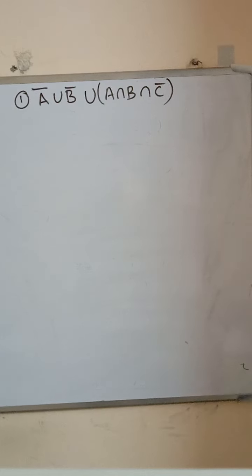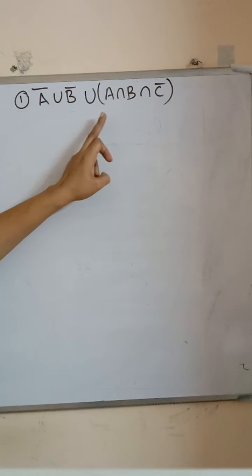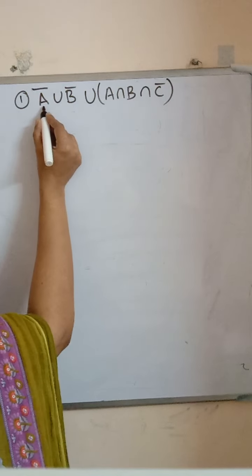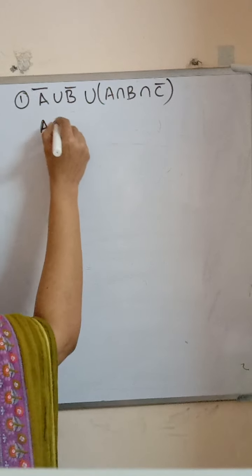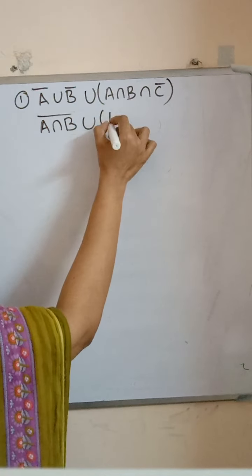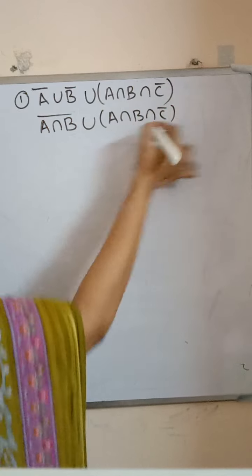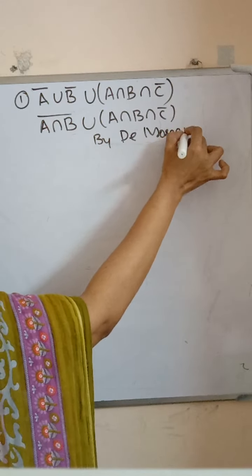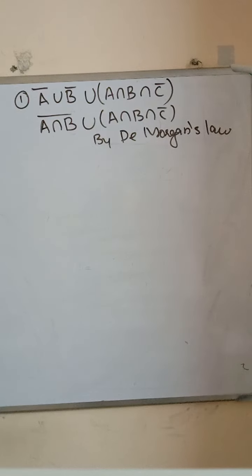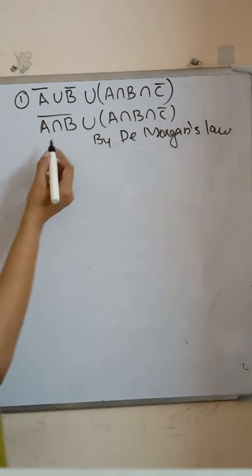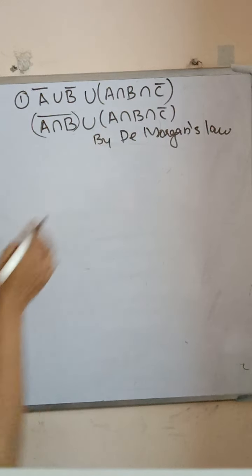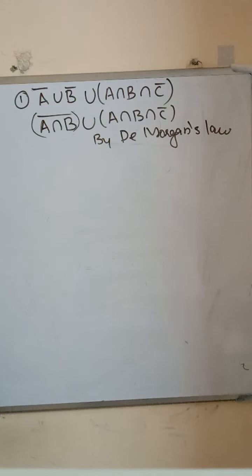Okay. This is by De Morgan's law. We can write A complement union B complement as A intersection B, whole complement, by De Morgan's law. Then by distributive law, we can write it as A intersection B complement union A intersection B intersection C complement.